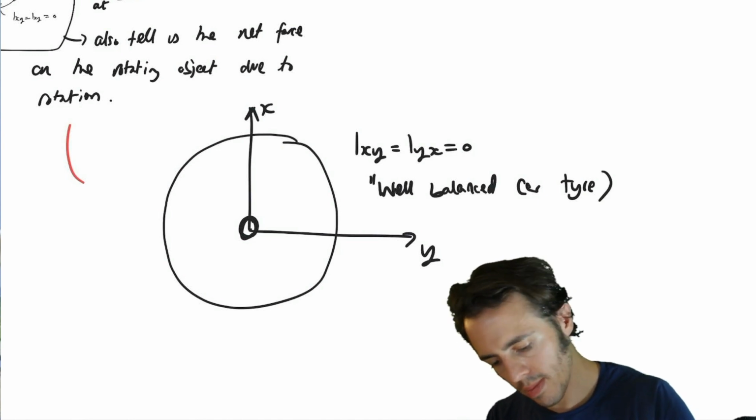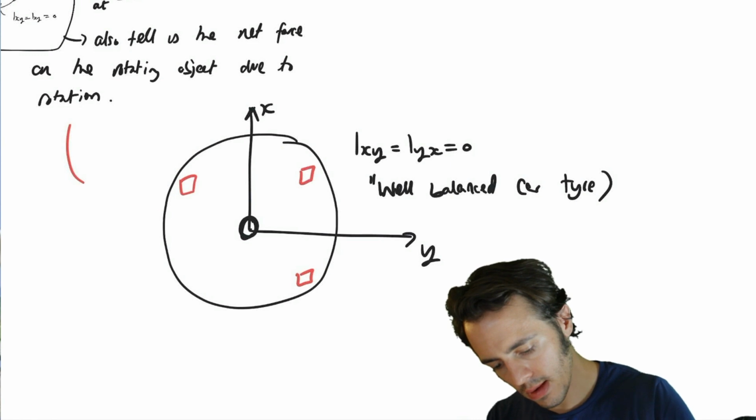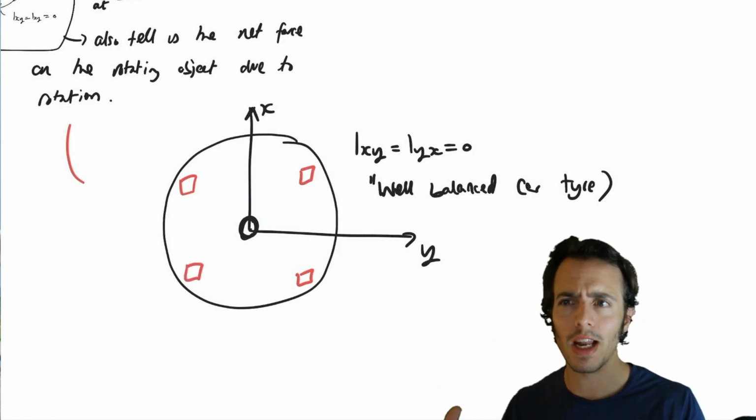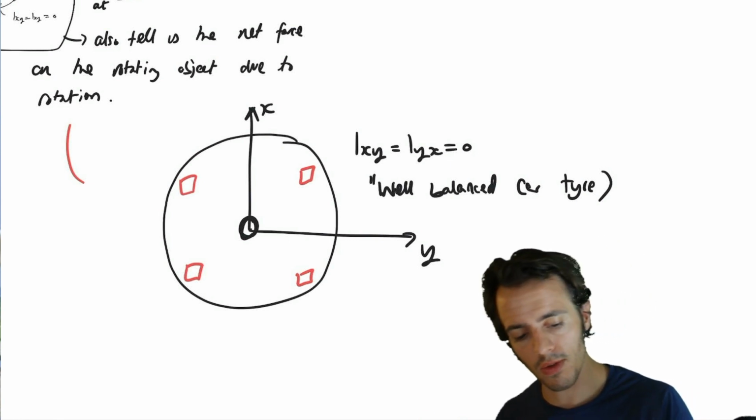Okay, so if we can imagine that this car tire is made up of different masses all over it. Okay, lots of different masses. I've drawn 4. Really, it's made up of as many different masses as you can afford to draw, or particles that we've got in here.